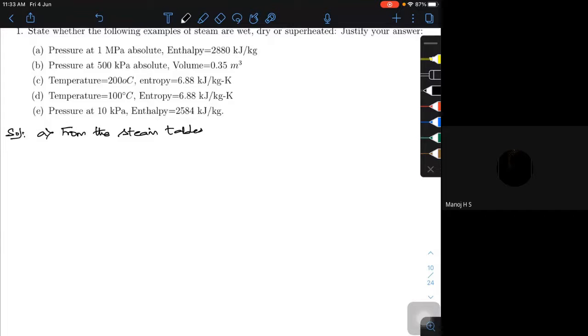At 1 megapascals, or 10 bar if you have the steam tables based on bar, look for these two values: saturation temperature and saturation enthalpy, or Hg. Look at these two values and tell me.